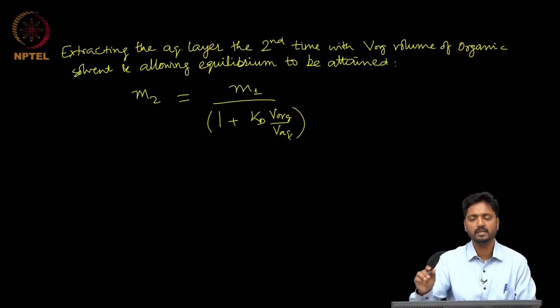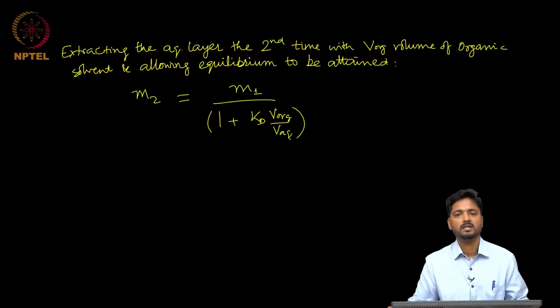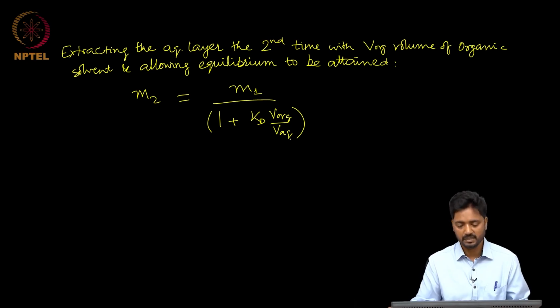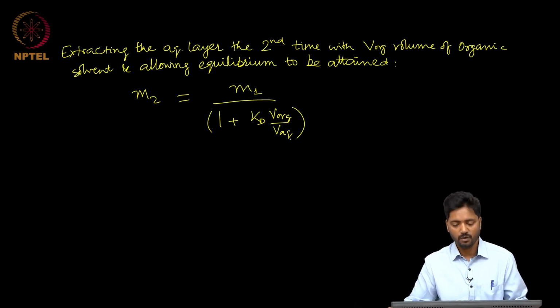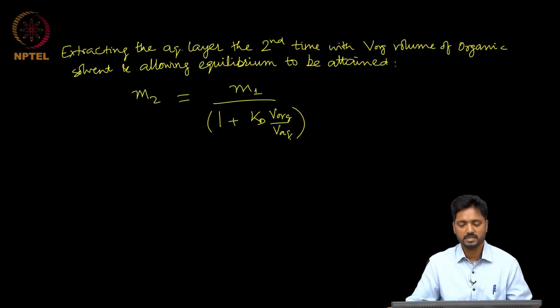So, please note here that in the second extraction we will be initially dealing with the m1 mass of the analyte present unextracted after the first extraction, and that is extracted with V org volume of organic solvent.